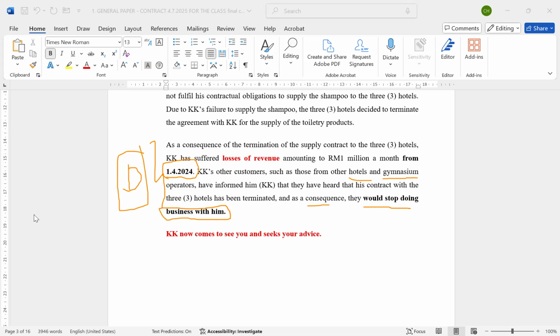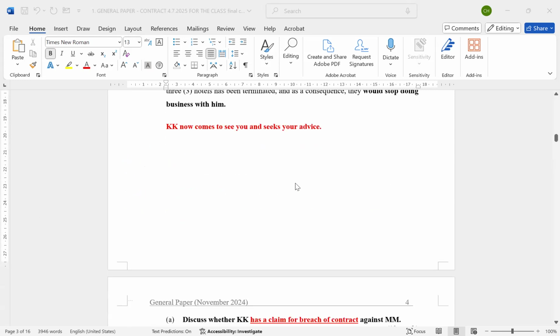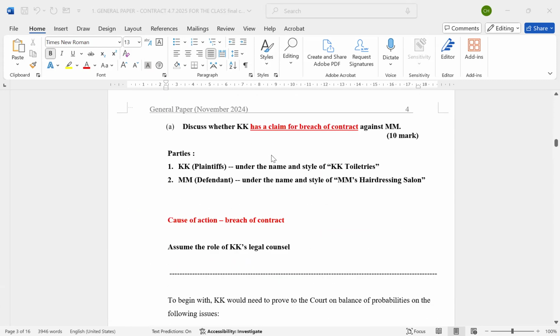Okay, the story itself is quite clear, it's just a matter of how you want to draft your answer. In my personal opinion, this year's question is not too complicated. They just want you to thoroughly and comprehensively discuss whether there is existence of breach of contract, and if you could establish the breach of contract as the cause of action on the part of KK, what is the later advice that you will need to give to KK to help him solve this problem.